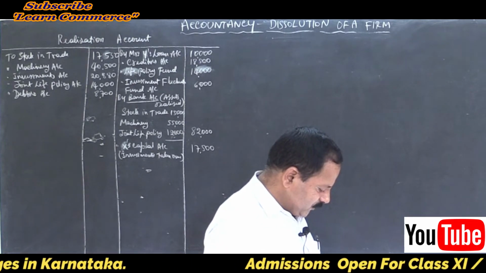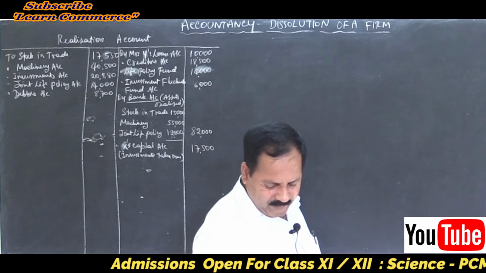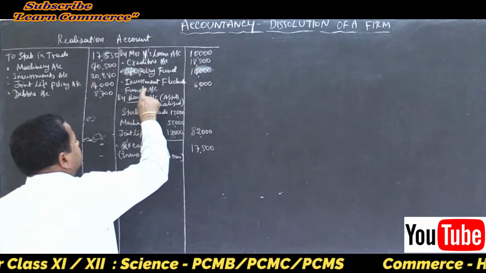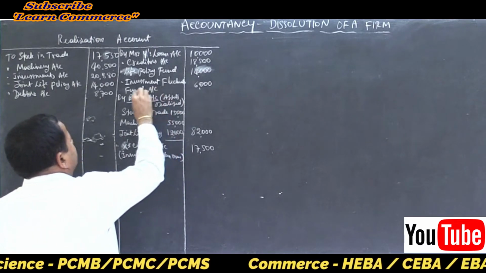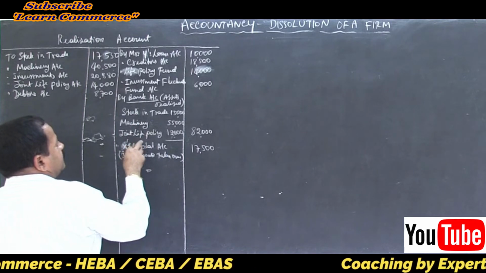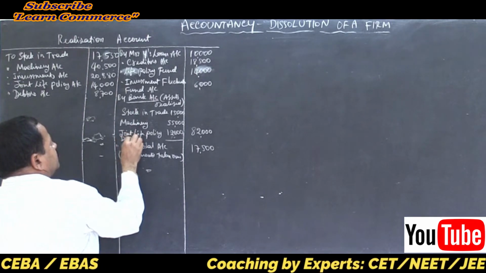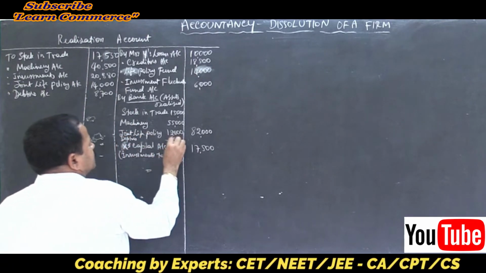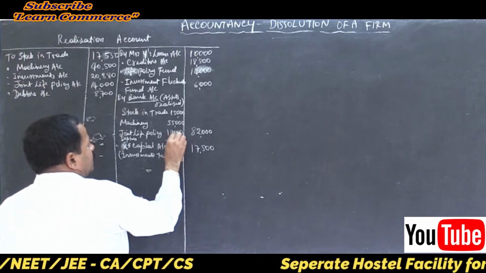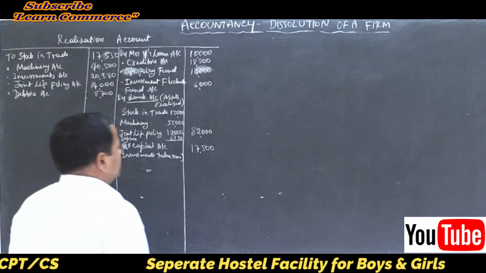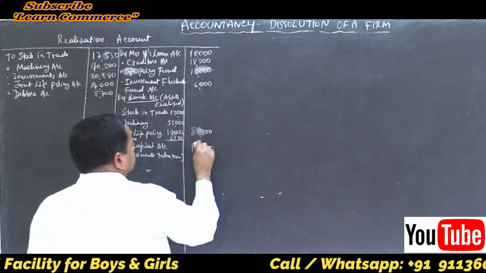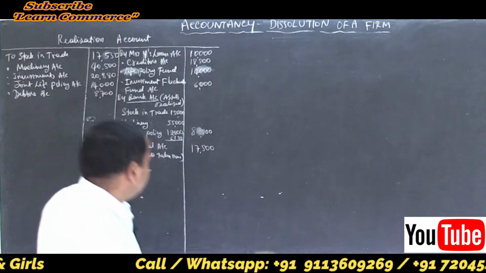So we will add here only. Debtors, right here, 6,150. So the total will change. 88,150 it will become. 88,150.